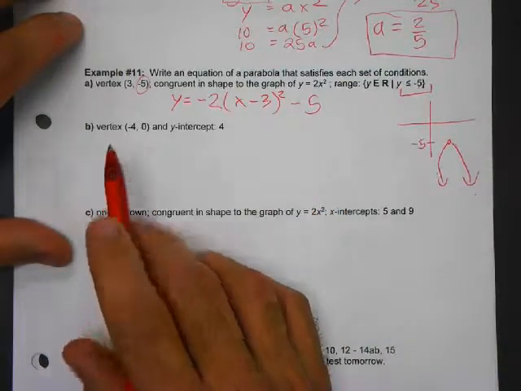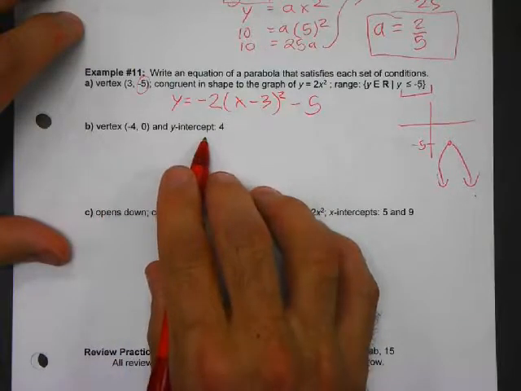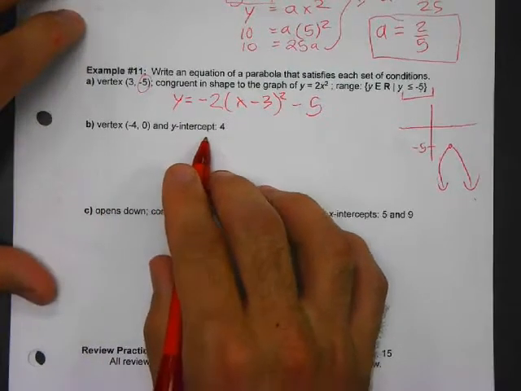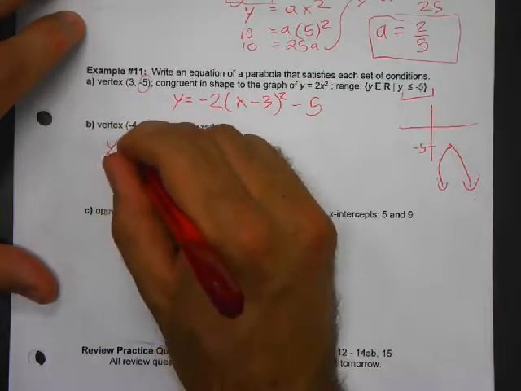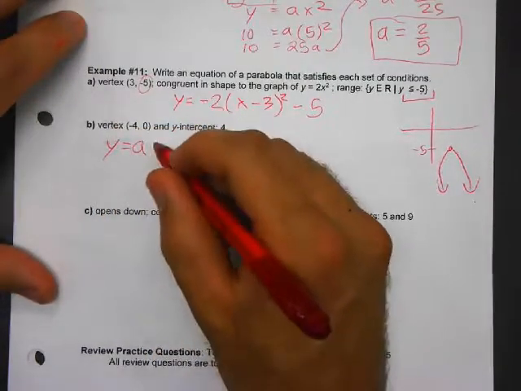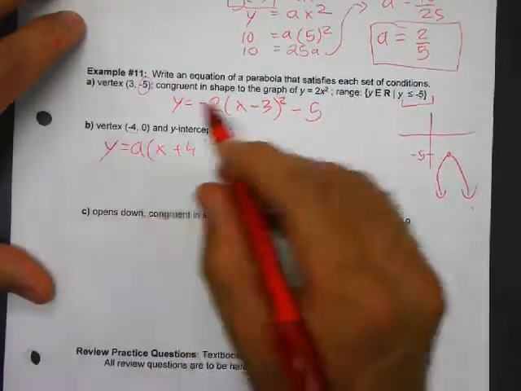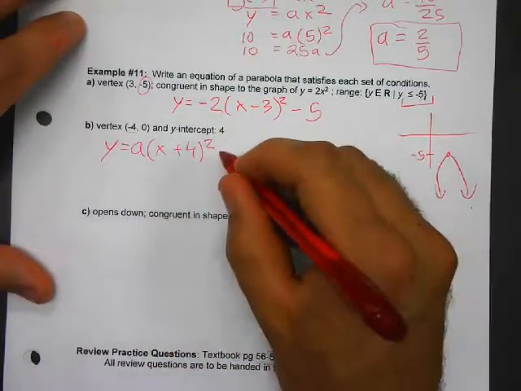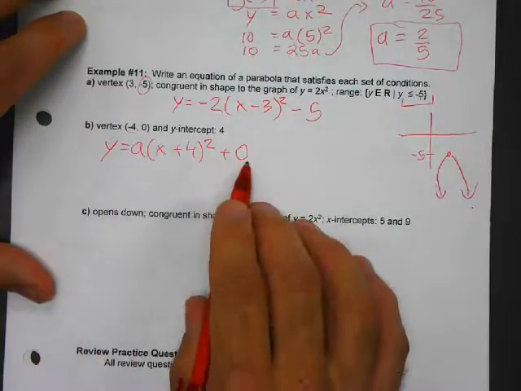Next one. The vertex is (-4, 0), and the y-intercept is 4. We have to come up with an equation for this. So I'm going to write down y equals a times (x plus 4), because that's a -4, squared, plus 0. I don't need to write the plus 0, I'm just writing it for consistency.